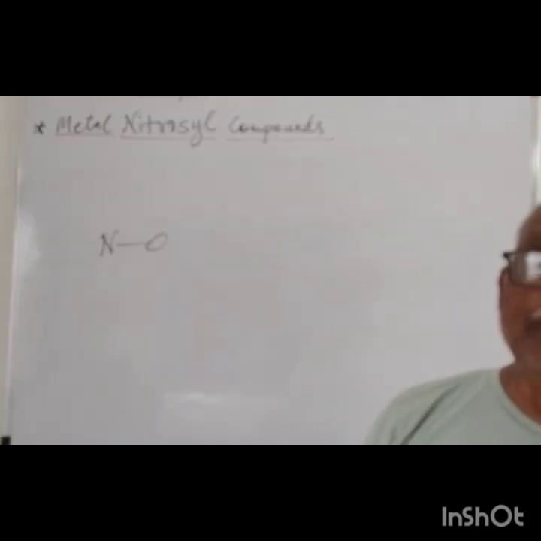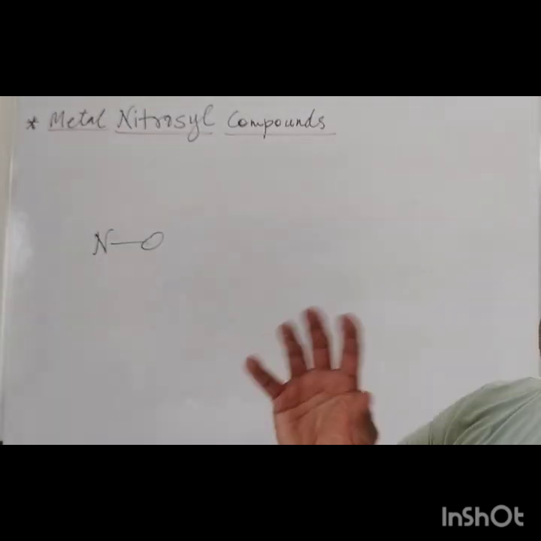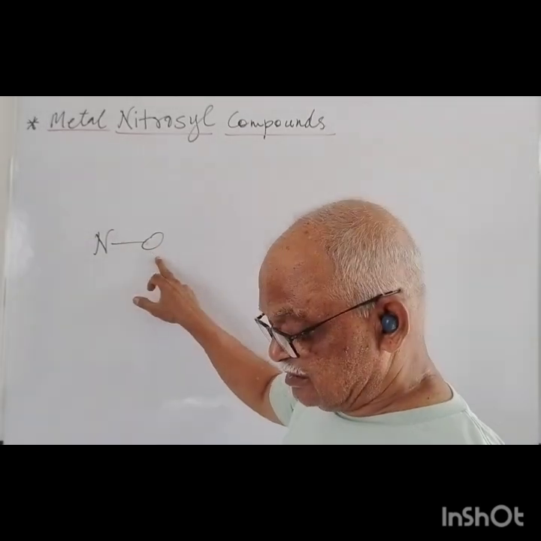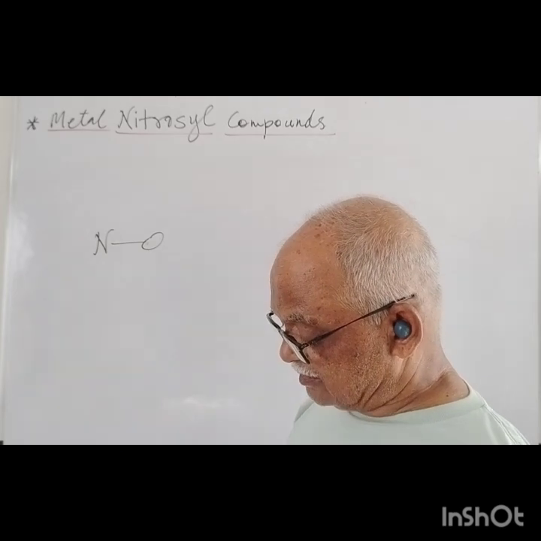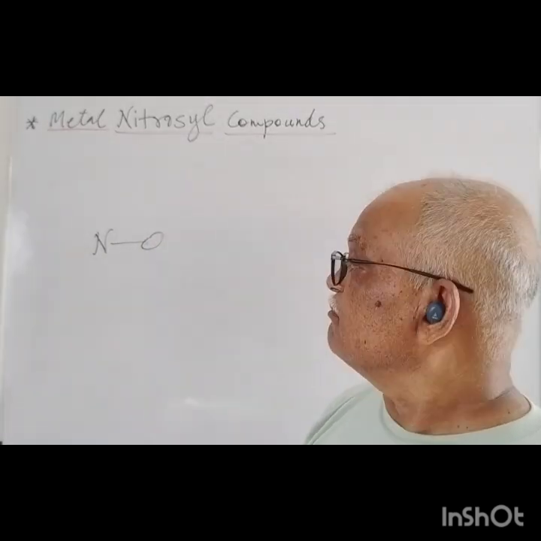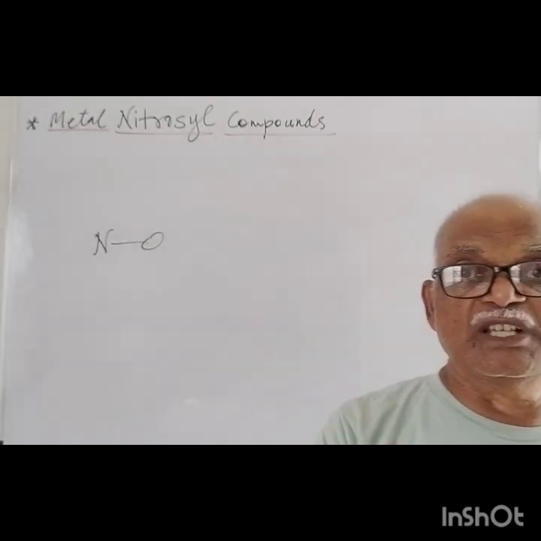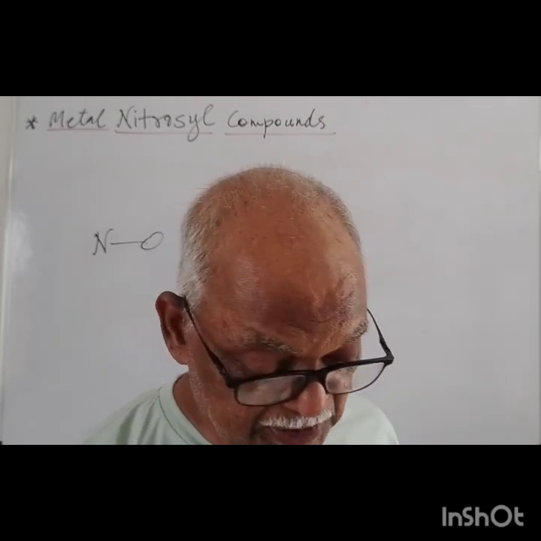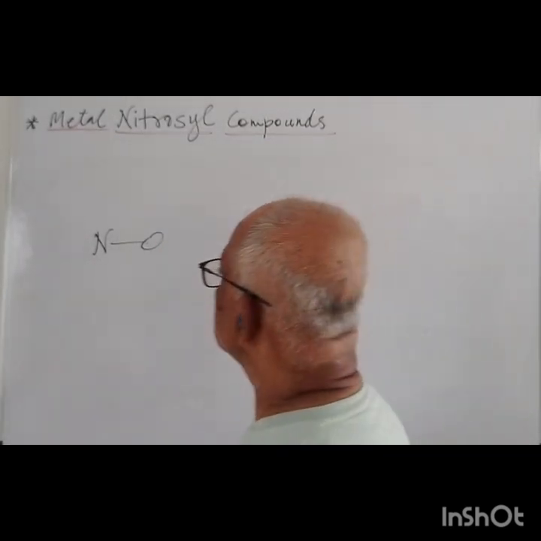But the accumulation of charge on the oxygen is avoided by using nitrogen as the point of attachment with the metal.